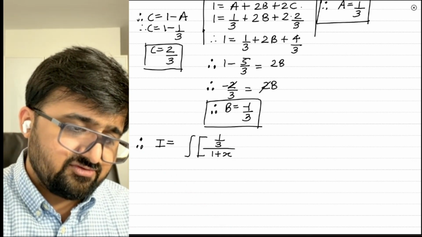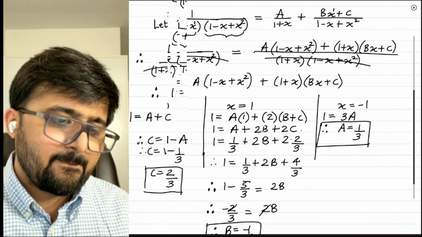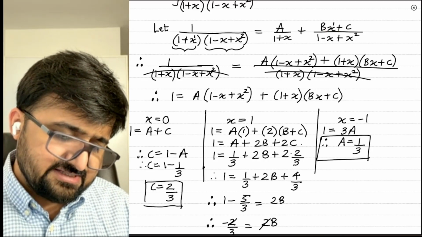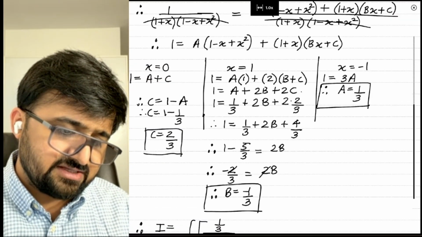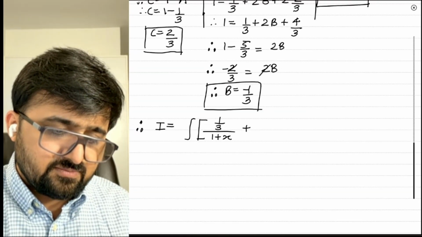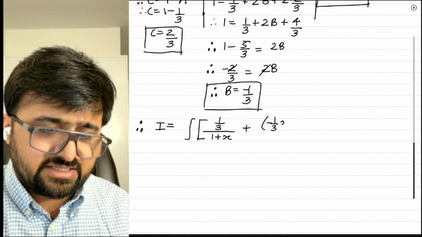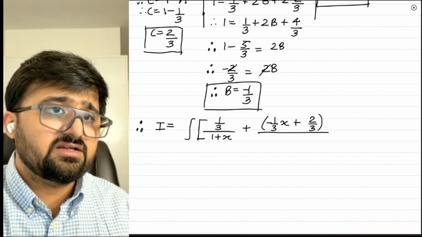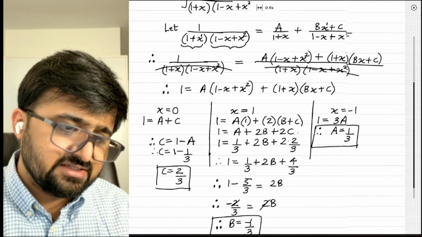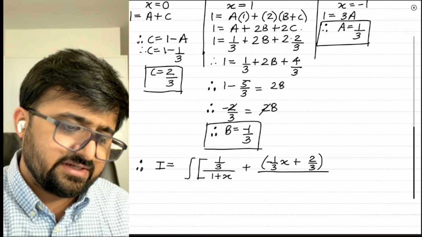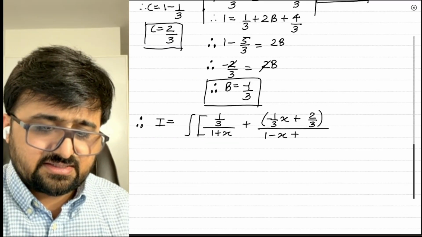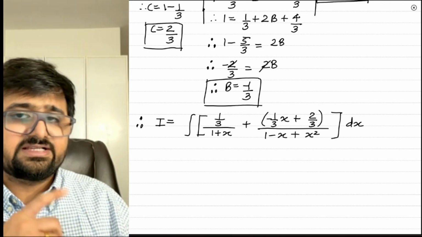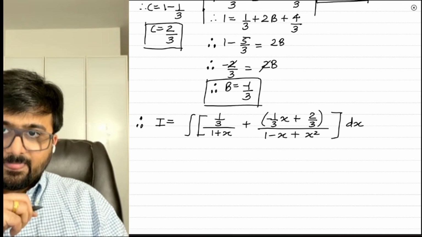Okay, and then we have plus bx plus c, b is minus 1 by 3, so we get plus minus 1 by 3x plus c is 2 by 3, divide by denominator 1 minus x plus x square, into dx. That's our integral. Okay, very easy so far.